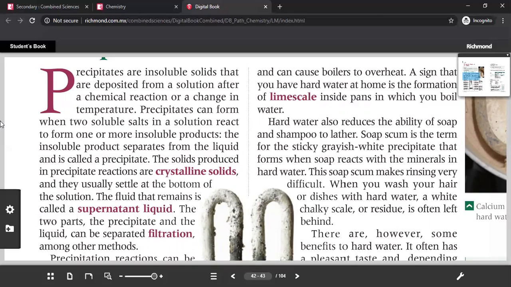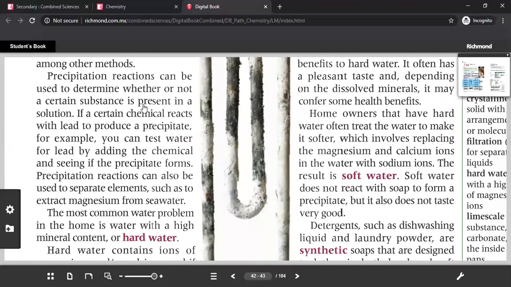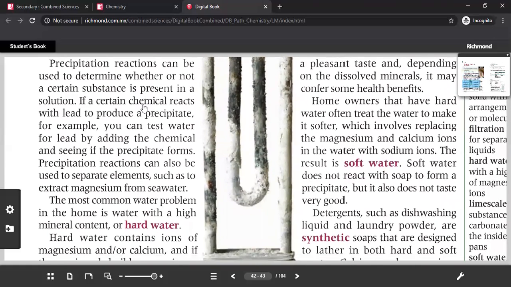The fluid that remains is called a supernatant liquid. Okay, supernatant liquid. The 2 parts, the precipitate and the liquid, can be separated through filtration, among other methods. Precipitation reactions can be used to determine whether or not a certain substance is present in a solution.